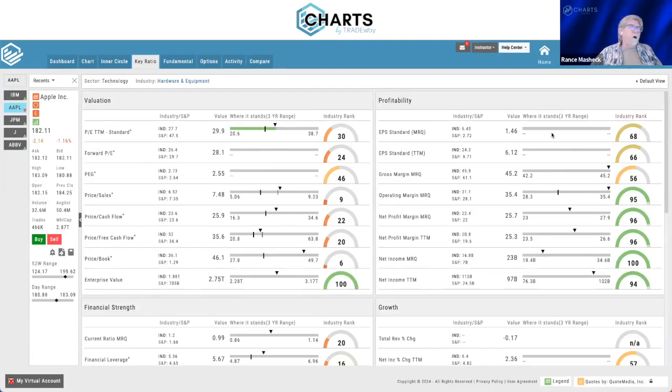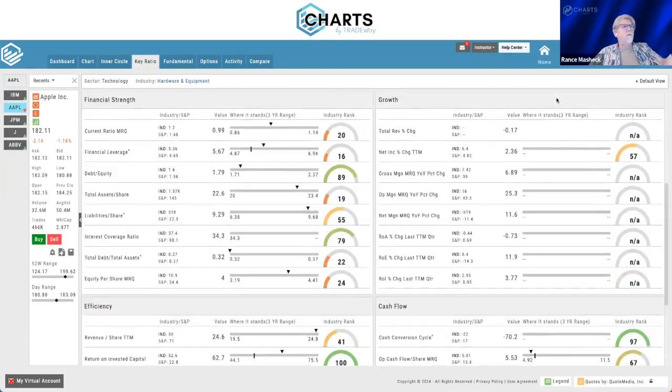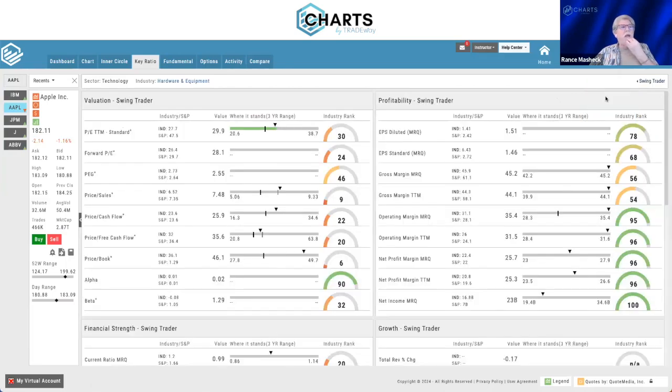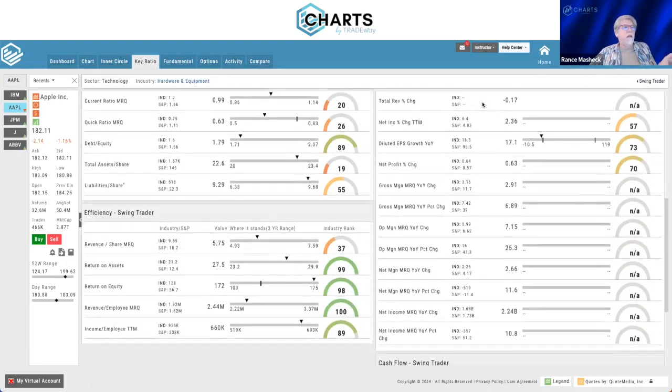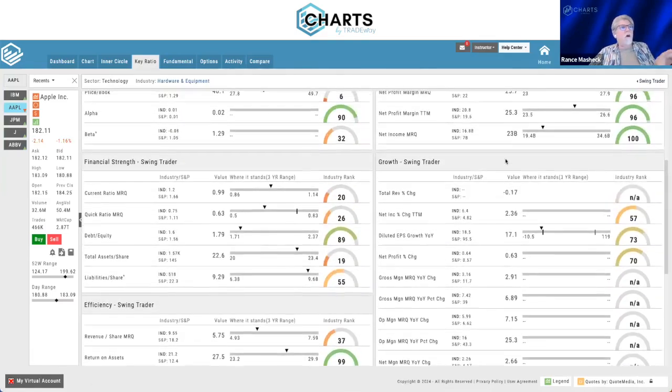The other thing we did, though, was we realized that depending on how you're trading, certain ones are more important than others. So I have a default view, which is a very well-balanced view of these ratios. However, if I go up here, I can look at a swing trader view. So I'm looking now at the data points I care about for a shorter term trade, right? You'll see a different quantity of them up here, different ones coming up.